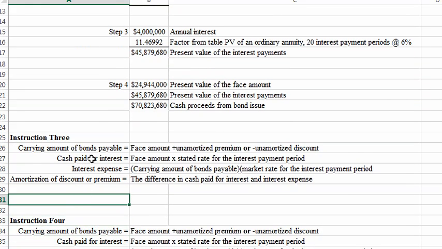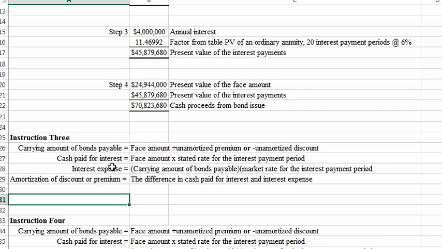First, the carrying amount of bonds payable would be the face amount, in this case $80 million, plus any unamortized premium. Unamortized just means the portion that we haven't written off the books yet. At this point, we haven't written off any. So we'd add back the entire premium, or in our case, we will deduct the entire discount at this point to get to the carrying amount.